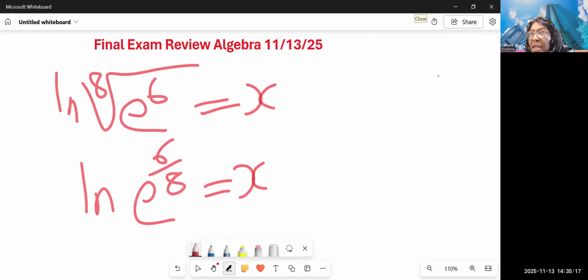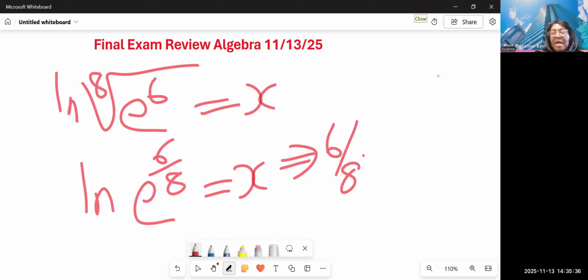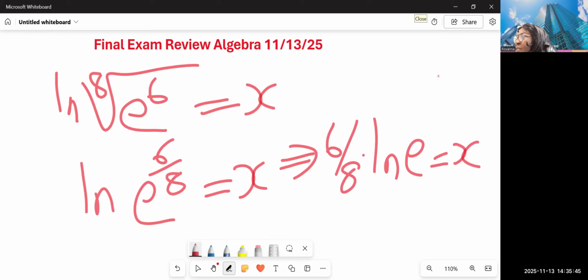Now, remember one of the laws of logarithm says the exponent becomes the coefficient. So the exponent 6/8 can be written as 6/8 multiplied by the natural log of e is equal to x. The next step is that we already know the natural log of e is equal to 1.